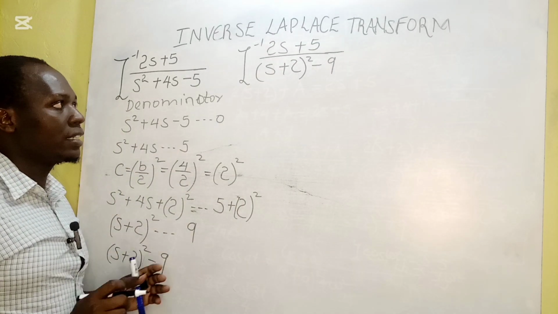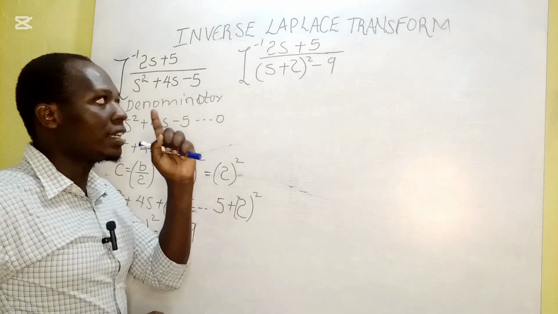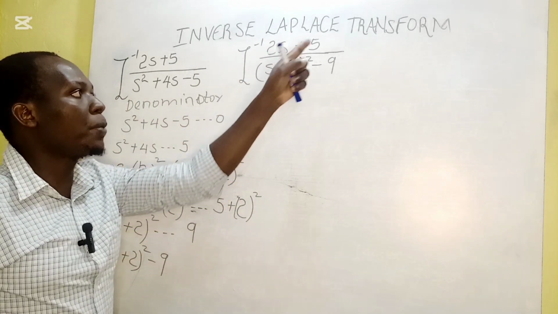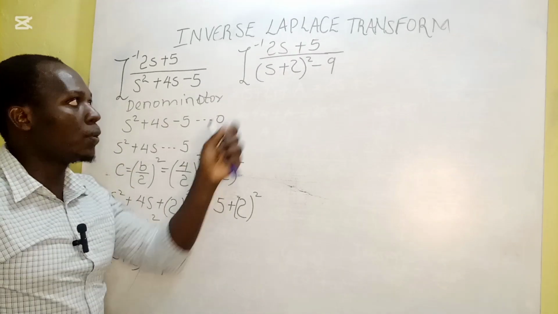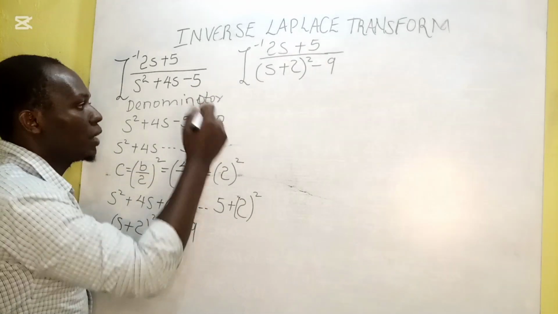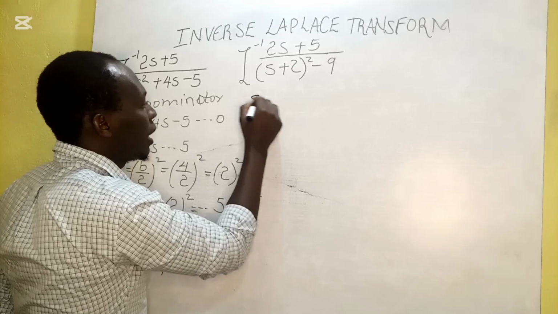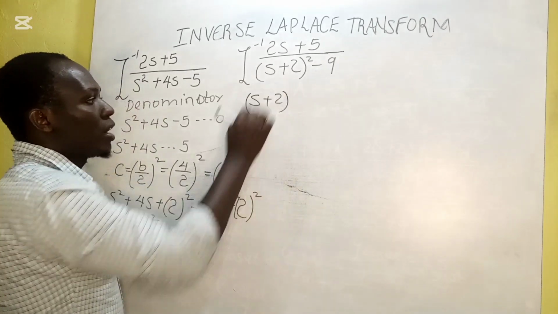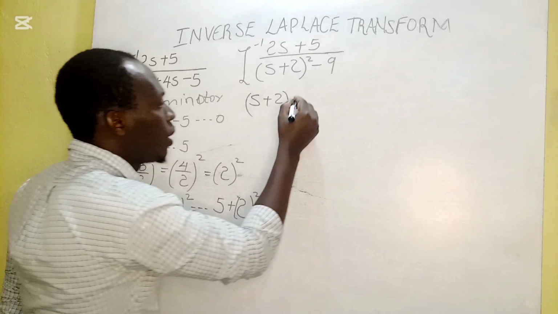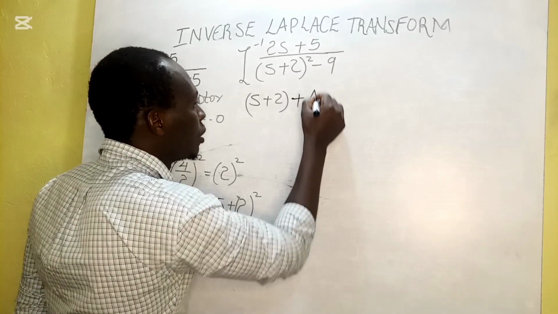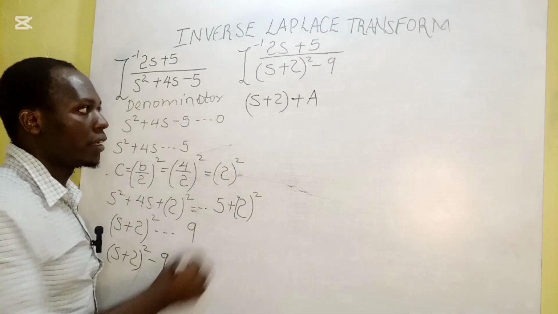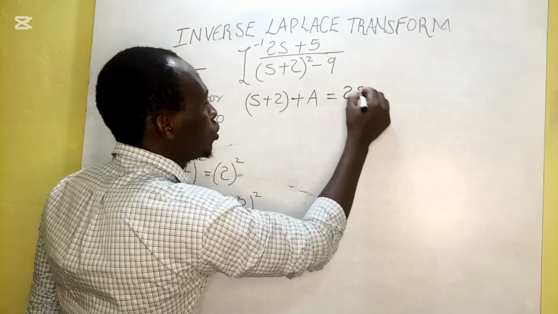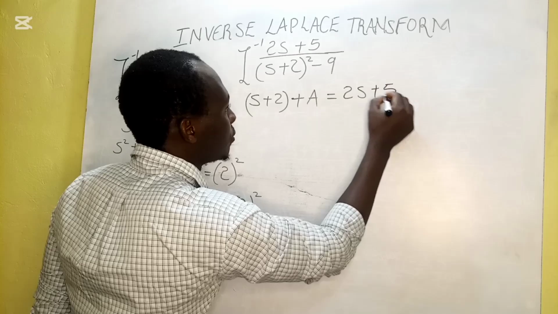If you want to relate these two, that one means that the term s here must be shifted, and we are going to introduce a known to this term here to mean that we are going to have s plus 2, whatever we are having here on the denominator, we come and add to our term a is going to be equal to 2s plus 5.